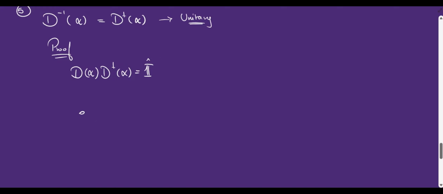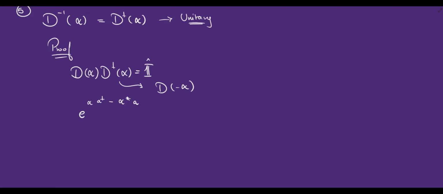So I can just replace d of alpha here. So d of alpha is equal to what? Alpha a dagger minus alpha star a, and d of this thing, let me write it as d of minus alpha.